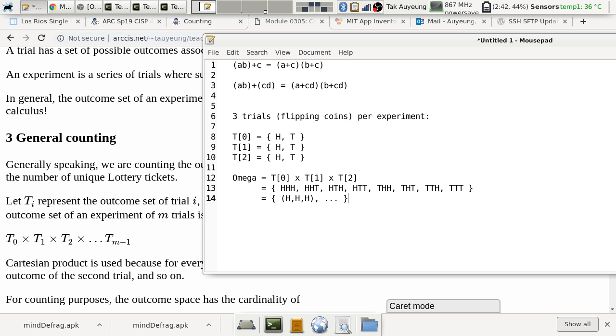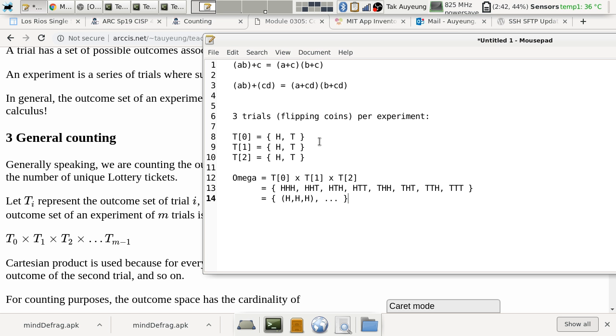So I apologize for neglecting to say that this is a shorthand for a 3-tuple, where each item inside the 3-tuple is a head or a tail, because that's how we do Cartesian product. Okay, so are we still good so far? All right.